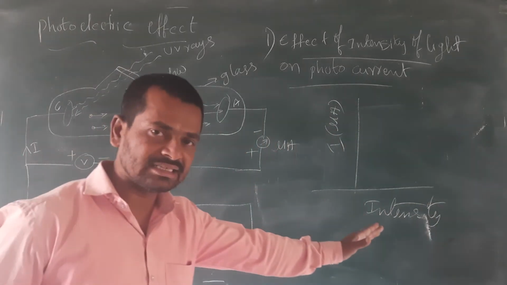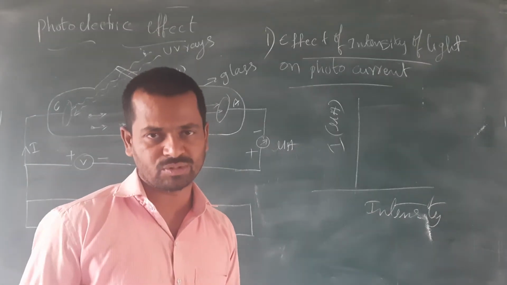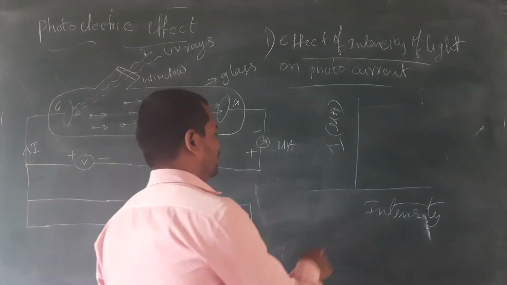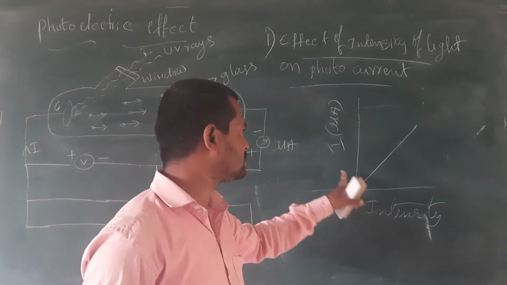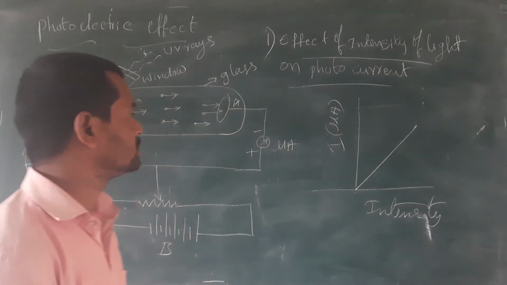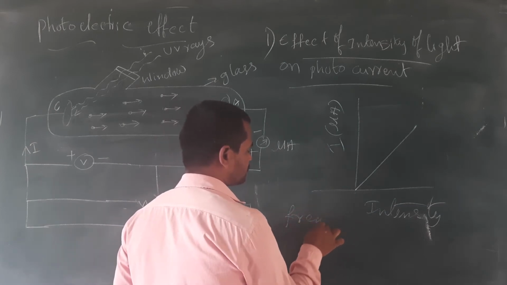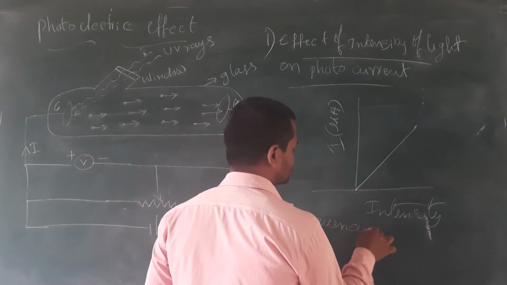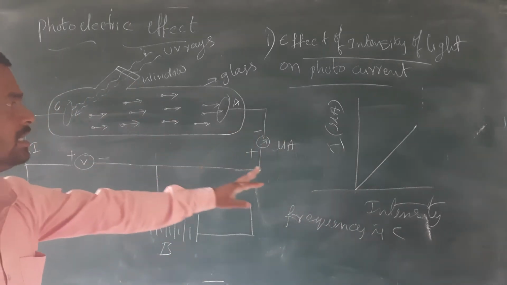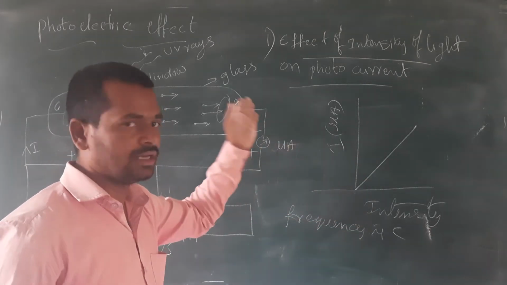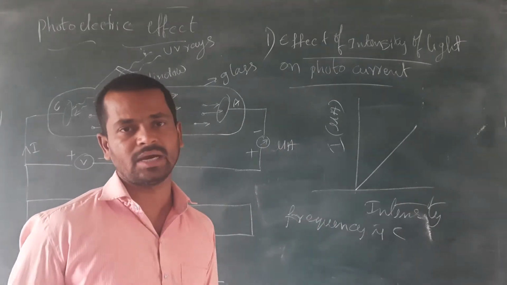As the intensity increases, current also increases, so the relation between these two is a direct proportionality. So when frequency is constant, if you increase the intensity, current also increases, and if you plot a graph between intensity and current, it shows in this manner.